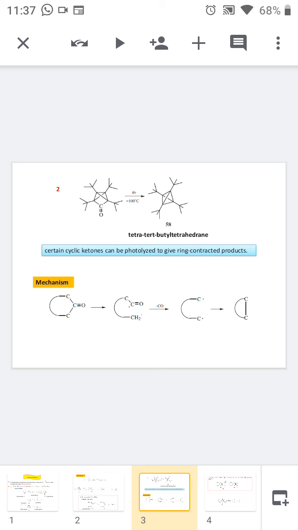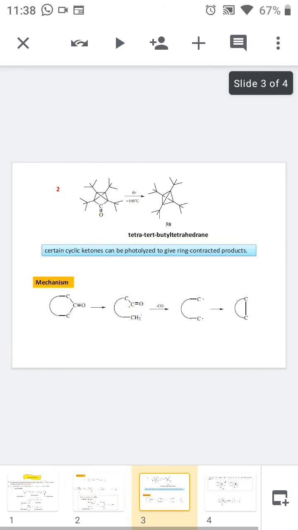For the extrusion of carbon monoxide, first of all, the bond between the carbon and carbonyl group is broken and we will get two free radicals. One is at the terminal position which exists in the carbonyl group, and the second one is the terminal position, CH2 radical.